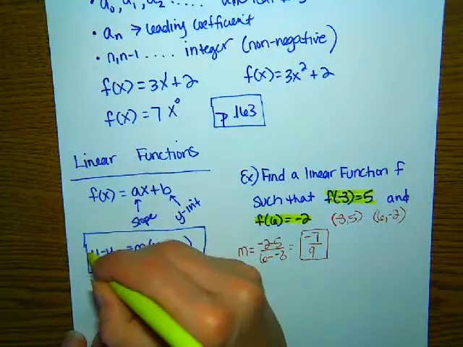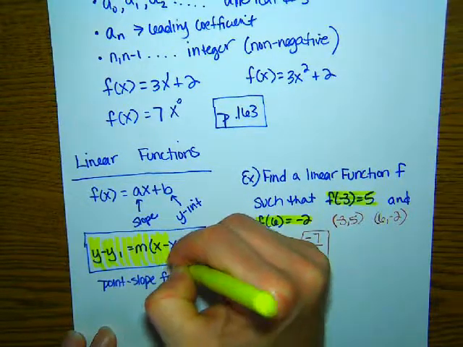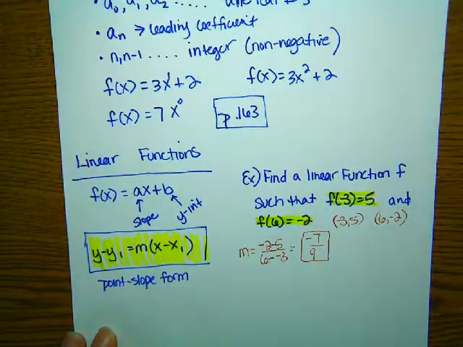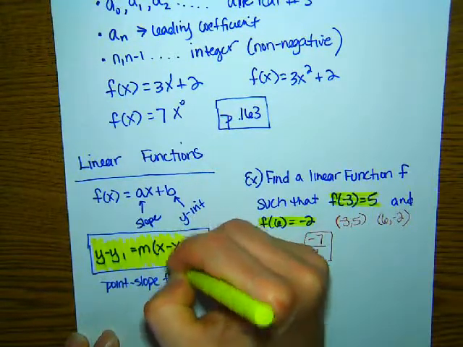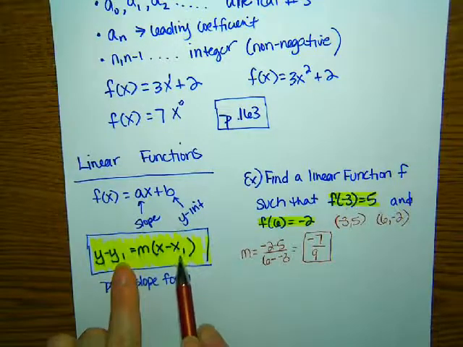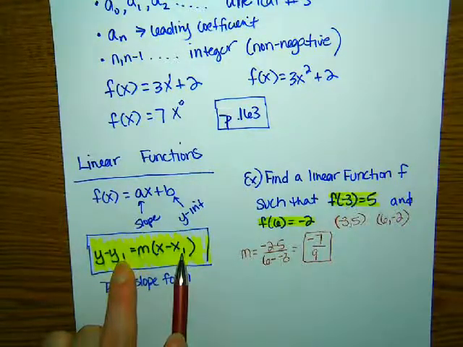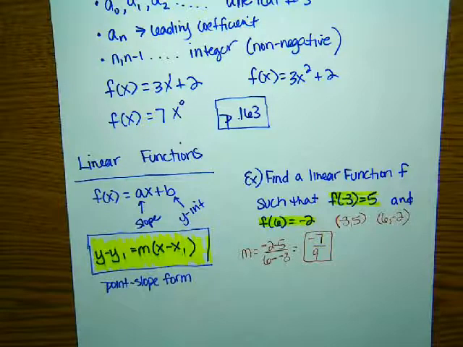Then, I'm going to put this now into point slope form. What do I know? What did we just find? M, right? And this x1, y1, this is just one of your points. You can pick either one. I am going to pick 6, -2. But you could pick the other one. Doesn't matter.